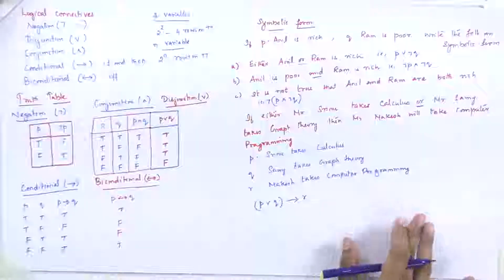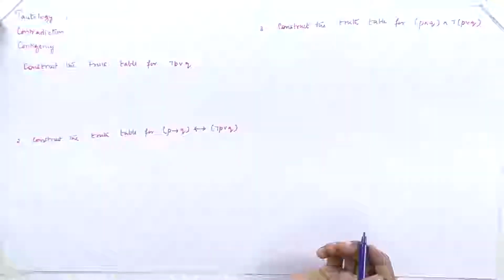Now, understood? Okay, fine. So next we will see what is a tautology, what is a contradiction, and what is a contingency. So what is the difference between all these three? Tautology means whatever expression is given to us, we must be able to get the truth value T everywhere for the entire statement.